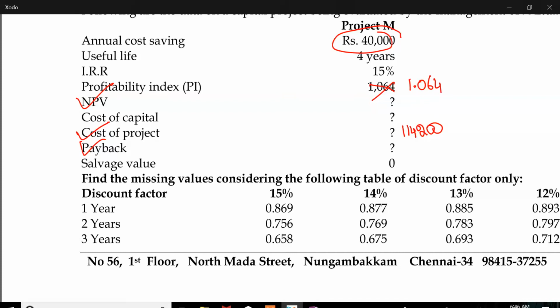This will help in calculating the initial outflow.